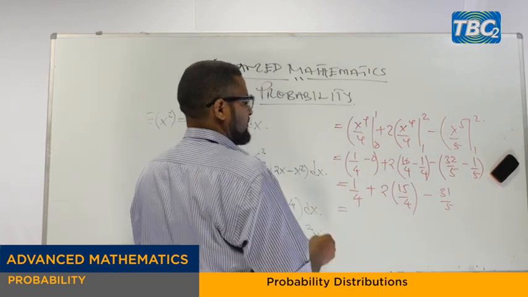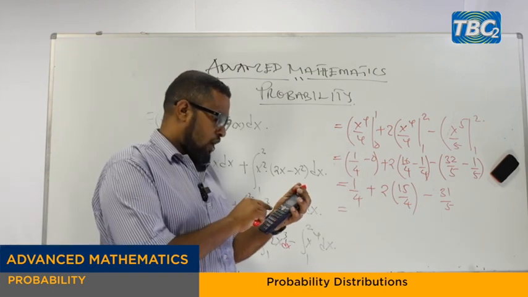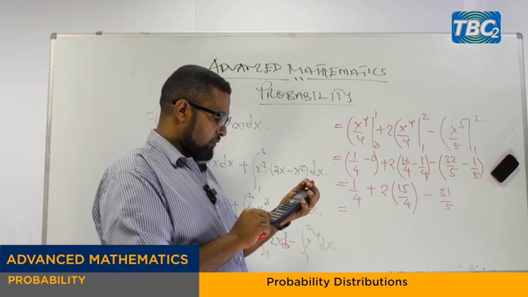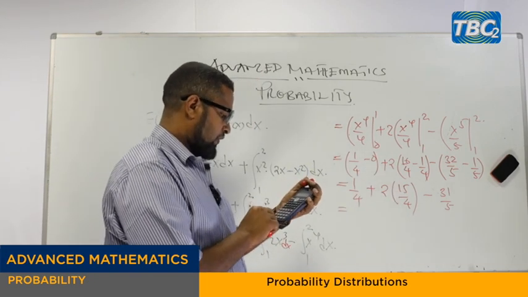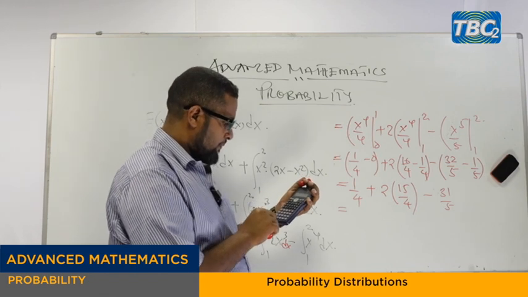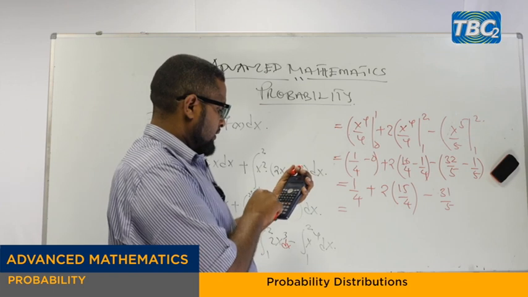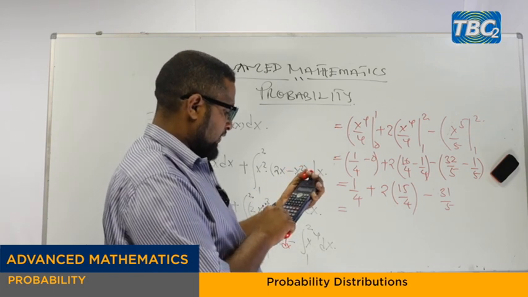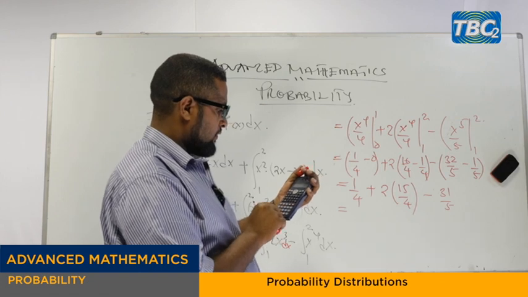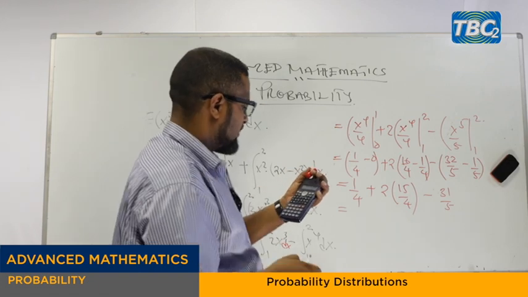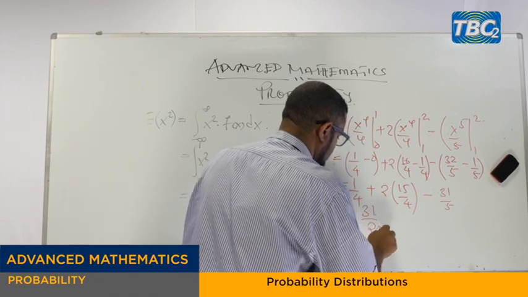From that point, use your calculator to finalize. So take 1 over 4 plus 2 times 15 is 30, so it's 30 over 4, then minus 31 over 5. The answer here is 31 over 20.